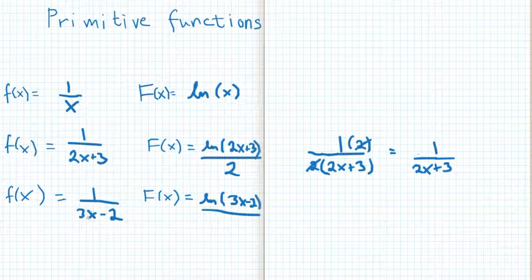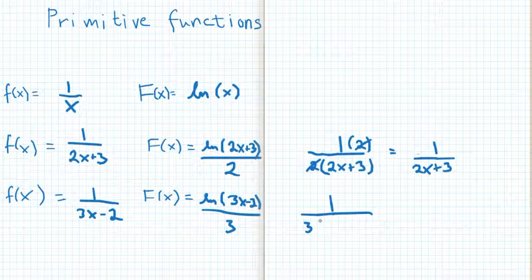Let's check the result here. The derivative of this function would be 1 over 3, and the 3 just stays here, we do nothing with it, and then it's going to be 1 over this expression, so 3x minus 2. And then we're going to multiply with the inner derivative, right?